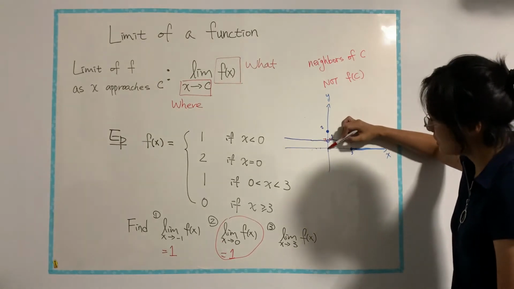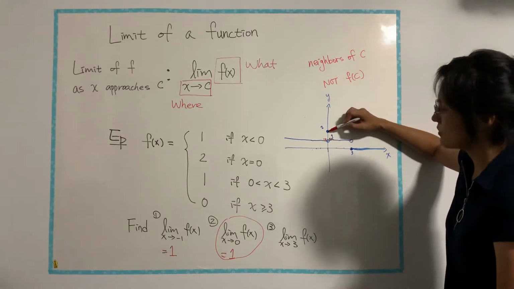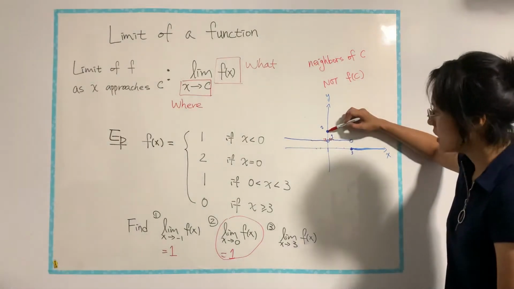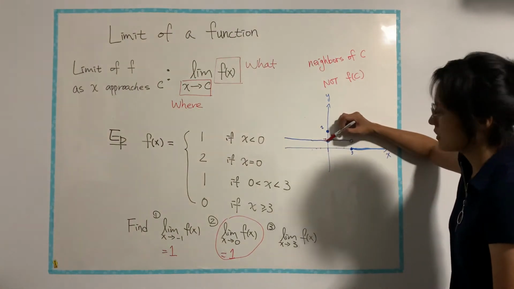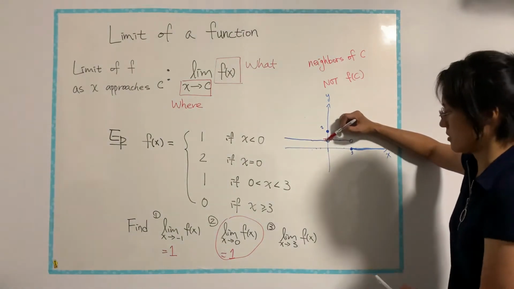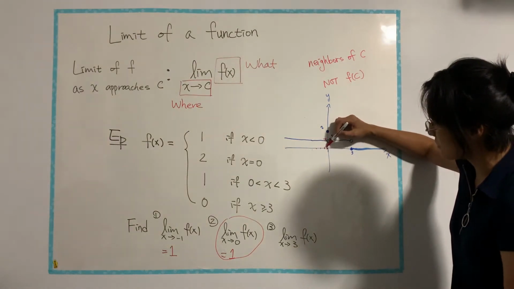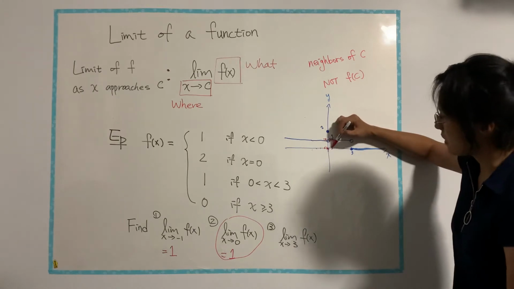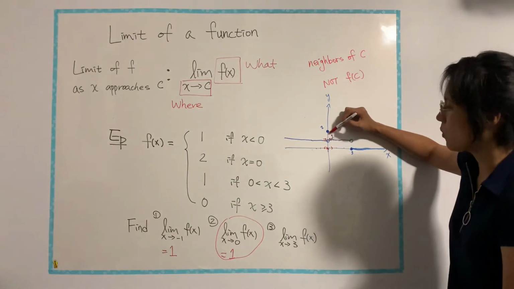So here when x equals 0, the function value is equal to 2. But what we care about is the function values of the neighbors of 0. So what are the neighbors of 0? These guys, they are the neighbors of 0. These guys, they are the neighbors of 0. And all of their associated function values are 1.